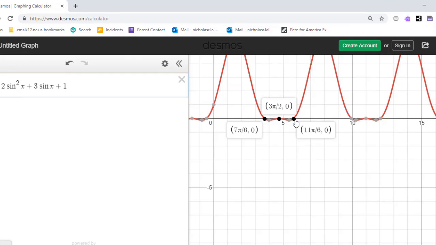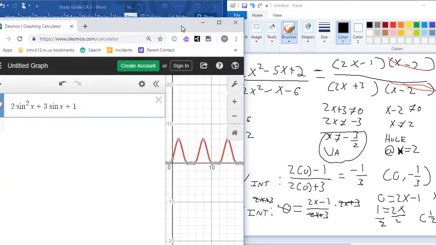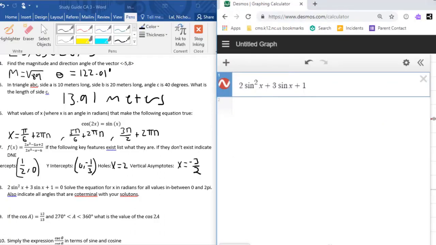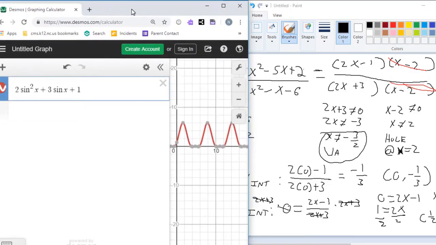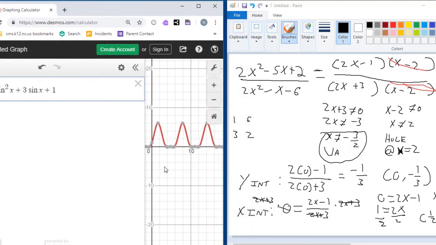So how we would show our work for this, sorry about that, is 7 pi over 6, 3 pi over 2, 11 pi over 6.